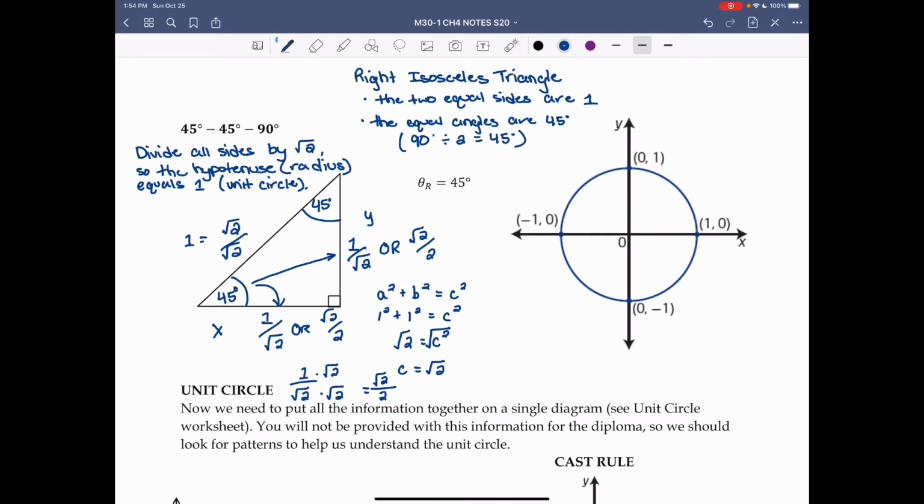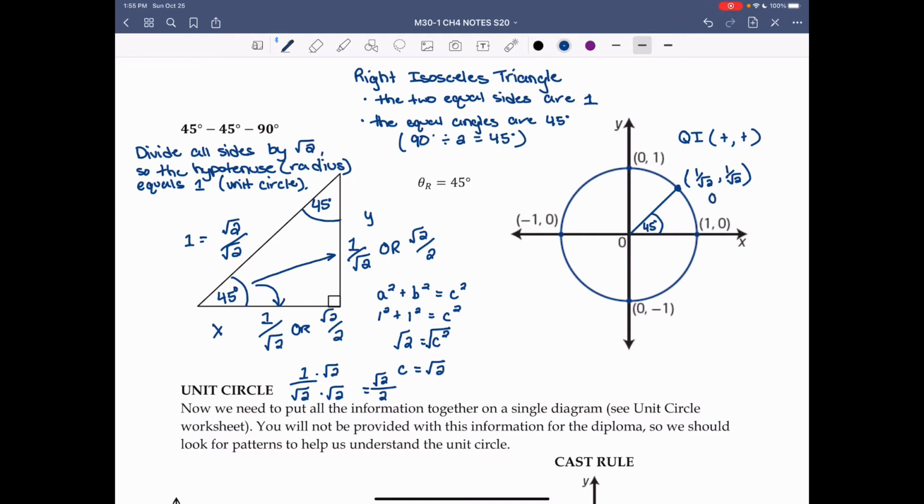Let's plot this information on the unit circle just as we did for the last special triangle. In quadrant 1, x and y are both positive. 45 degrees is halfway between the two axes, so approximately here. Our angle is 45 degrees. The point where the terminal arm meets the unit circle would be 1 over root 2 and 1 over root 2.